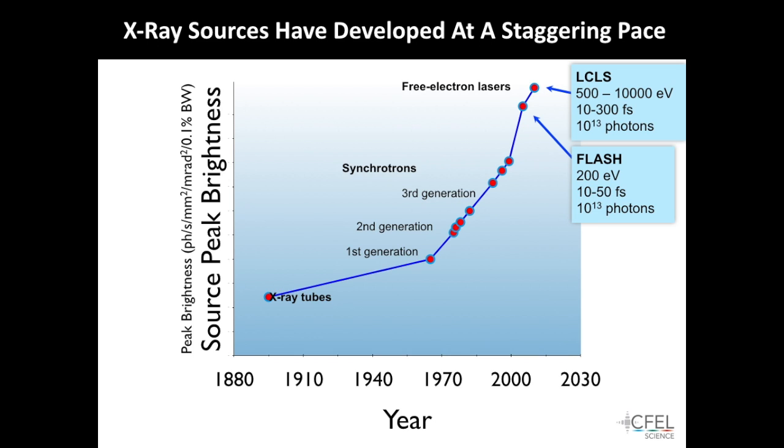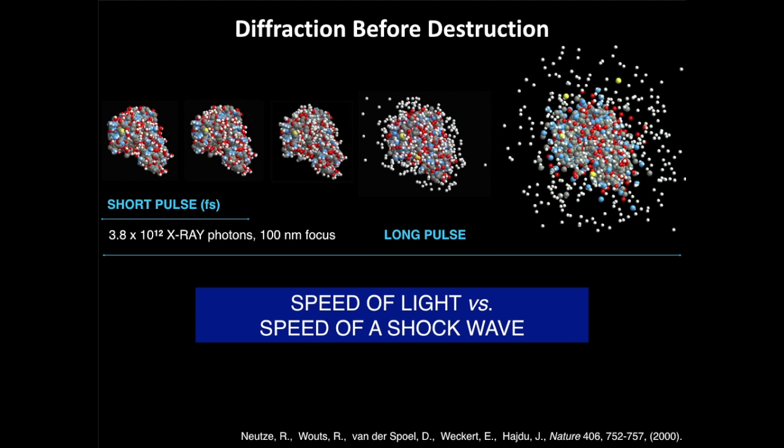It's been an amazing increase, and there are all kinds of new experiments that one can do with such a high flux. One that had already been proposed quite some years ago is the idea of diffraction before destruction. One of the issues when you try to look at things at high resolution is that whatever you use to look at things will damage your sample and cause radiation damage, and then you're no longer looking at the thing that you started with, but at some damaged thing.